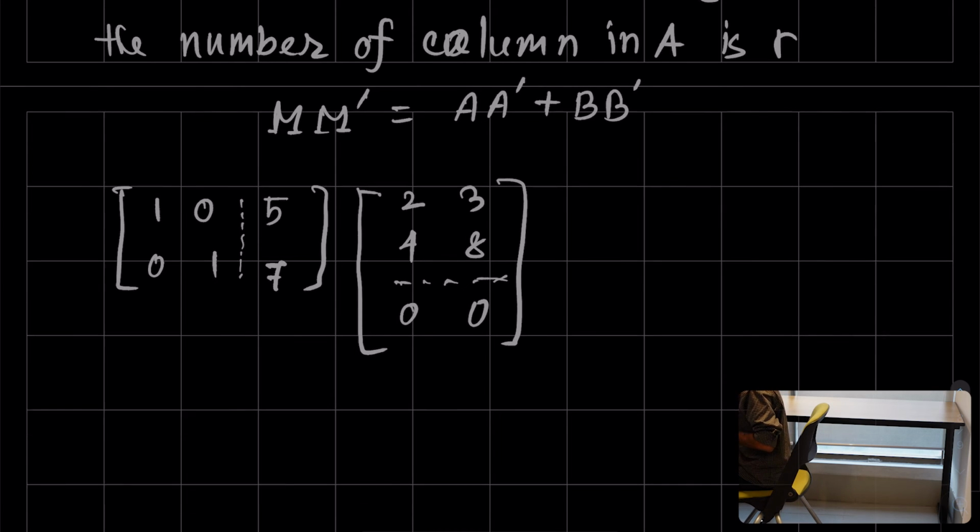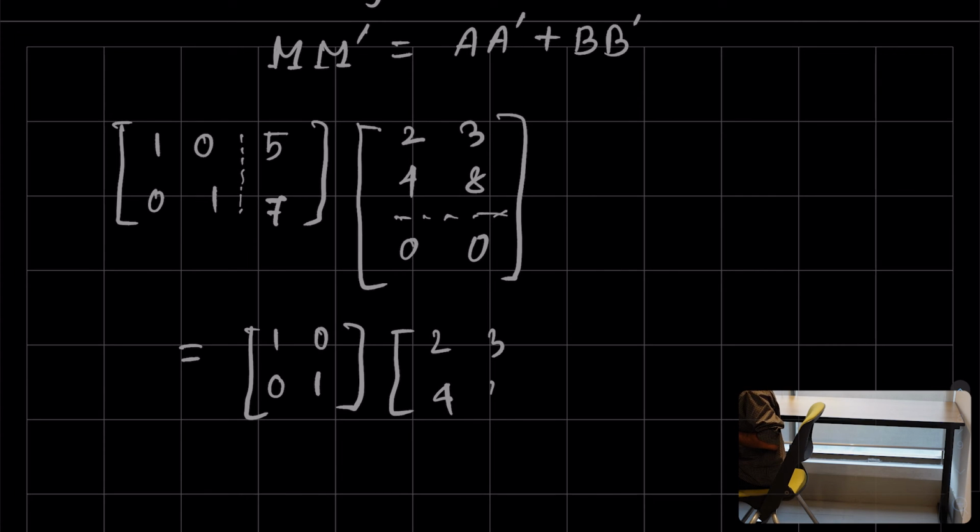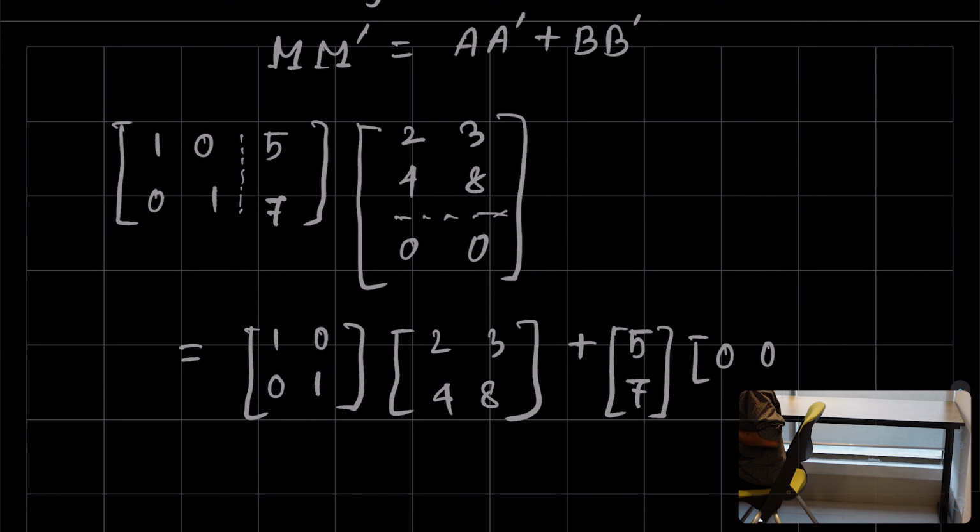Then the matrix multiplication will be 1, 0, 0, 1, this is the first matrix A, times A prime, which is 2, 3, 4, 8, plus 5, 7 with 0, 0.